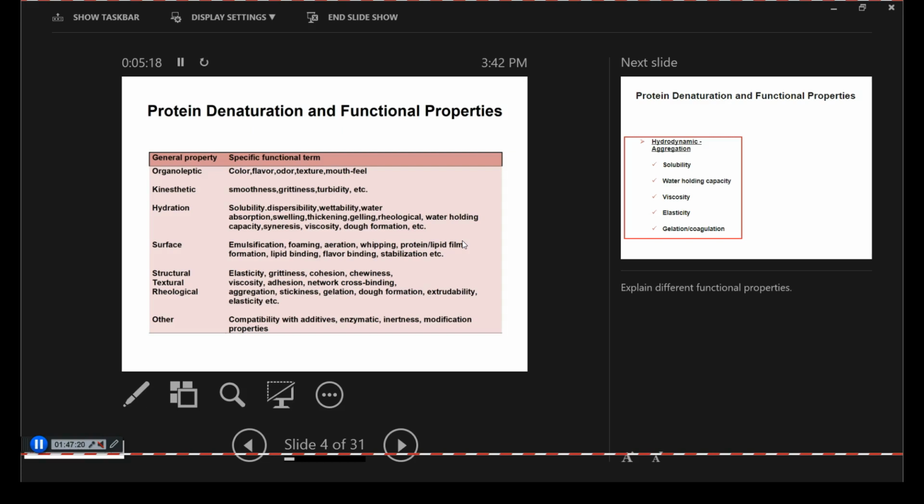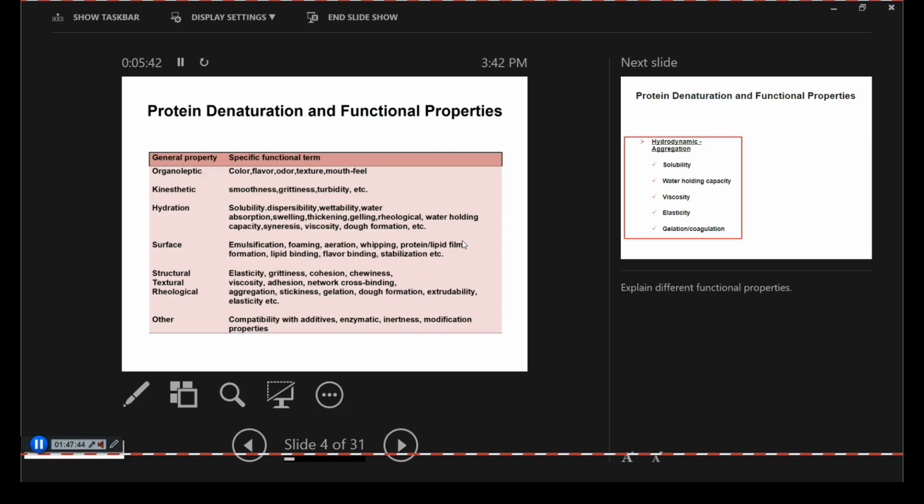It can be hydration properties, and this encompasses a lot of different functionality. Hydration, meaning interaction with water, can relate to solubility, dispersibility, wettability, swelling, thickening, gelling. All of these properties have to do with the interaction of proteins and water.